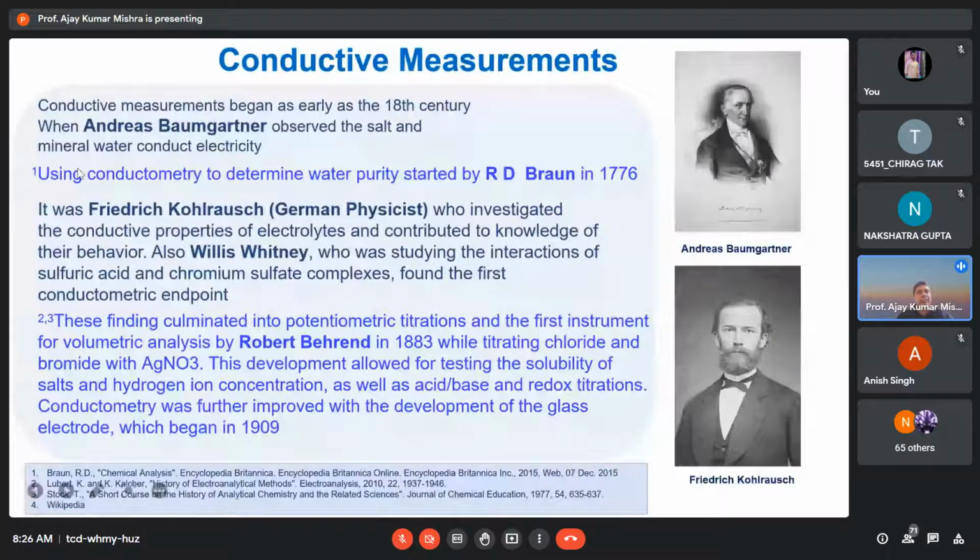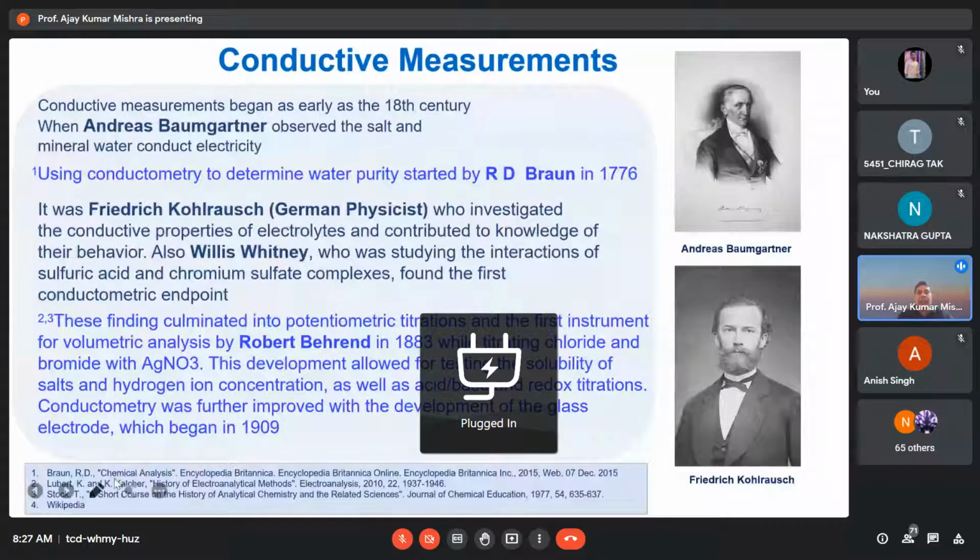The reference is what you use if you have to talk about this kind of terminology, like using conductivity to determine water purity. So you are not sure how you can determine the water purity, right? In that way, there is a guy called R.D. Braun, and what he has done is he has published.